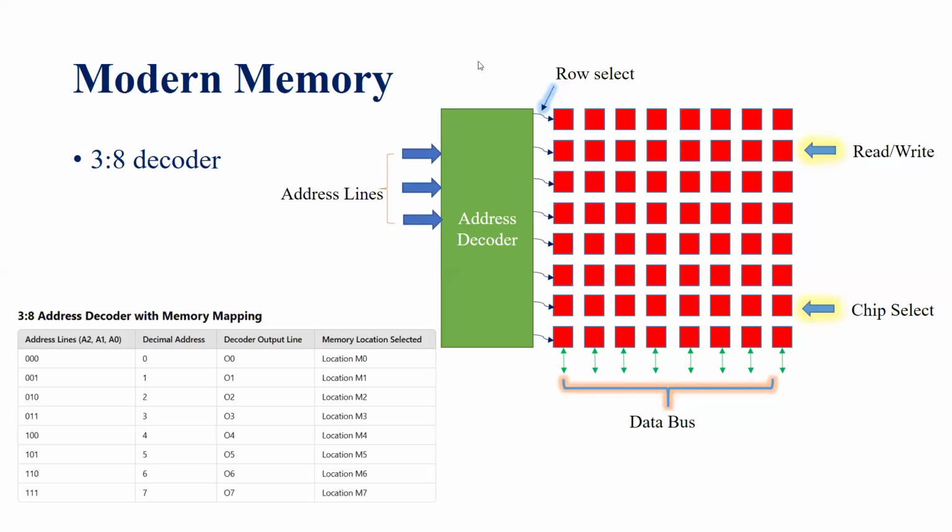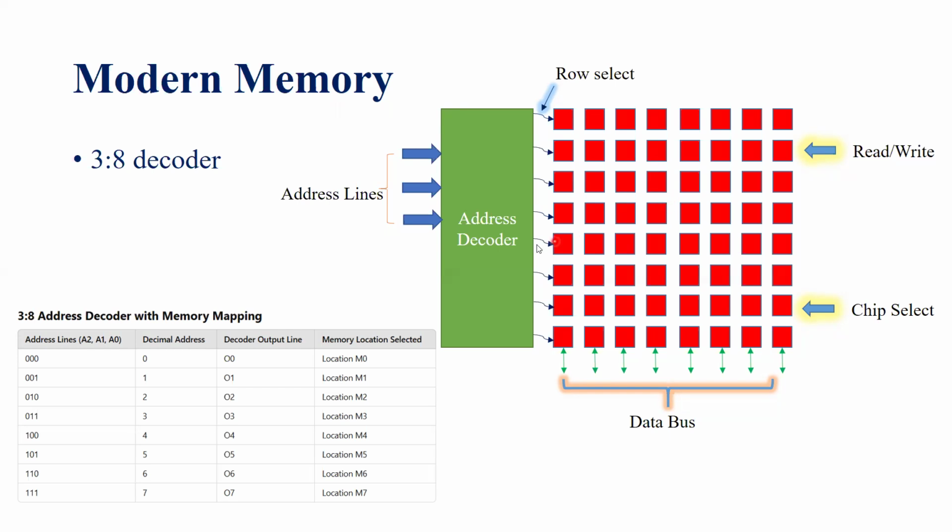Okay, so in this module, we will see the architecture, or say schematic diagram, of a modern memory that is used in the computer. So in microelectronics, we have the memory chip and an architecture, or a schematic, is shown right over here.